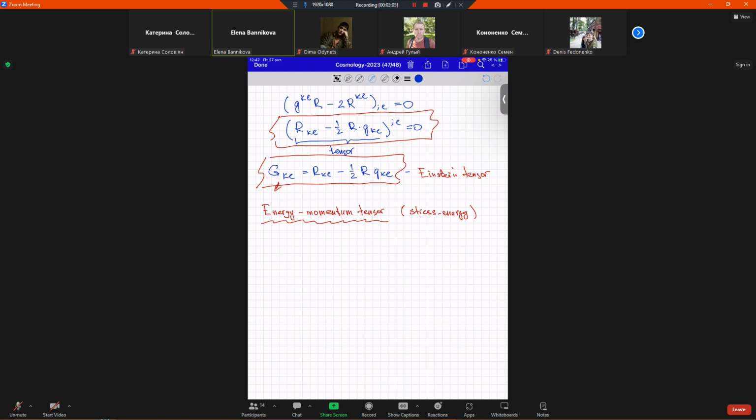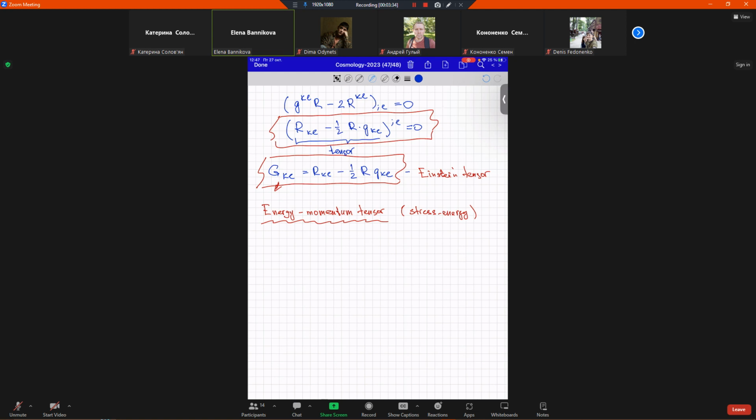What is important also is that we need to find this object not for one particle. For example, in classical mechanics, we could write the energy and momentum for one particle, as you can remember, this conservation law and like this.